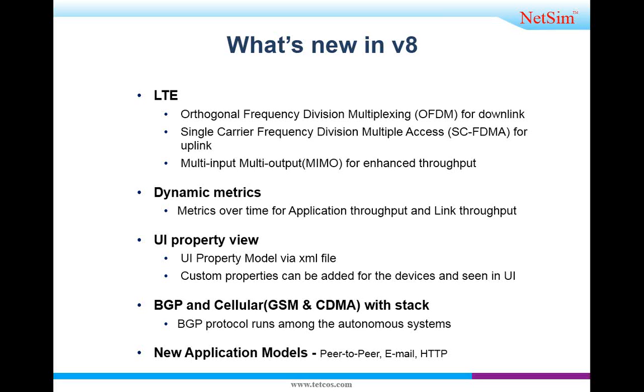In the UI property view, you can customize some properties in the nodes and devices, and BGP and cellular metrics are there. Then some new application models have been added, like peer-to-peer, email, and HTTP. And the wireless radio area network, WRAN, is this.